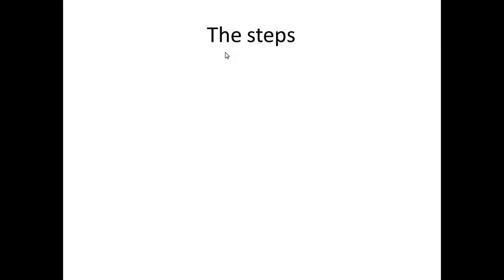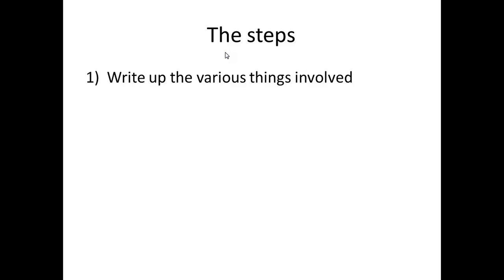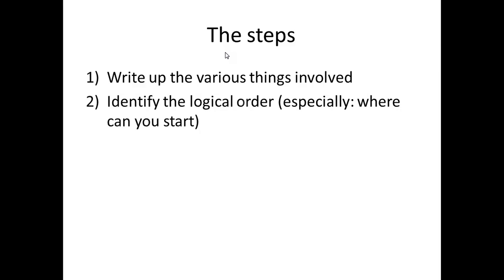So if we sum this up, the different steps here are to first write up the various things that are involved, and identify the logical order that they should be in. Especially important here is where you will start, because in the beginning of a big project it's sometimes hard to know where to start.